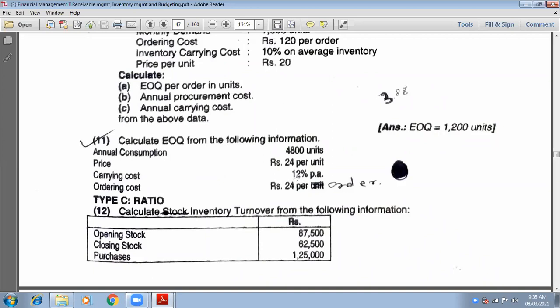But I don't want it in the form of percentage, I want it per unit. So what per unit is given? Price per unit is given. How much is the price? 24 rupees per unit. Into 12 percent, you will get the denominator, ICC per unit. Ordering cost per order is already given, 24 per order. Is that clear? Yes ma'am.